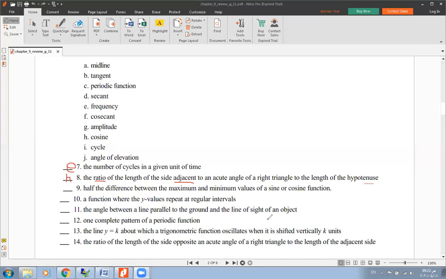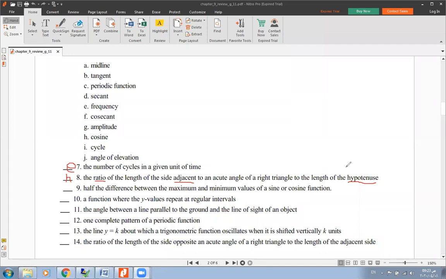Yes, Hussein. Can you read the definition, please, number 9? Half the difference between the maximum and minimum values of the sine or cosine function. What is it? It's the amplitude. Excellent.